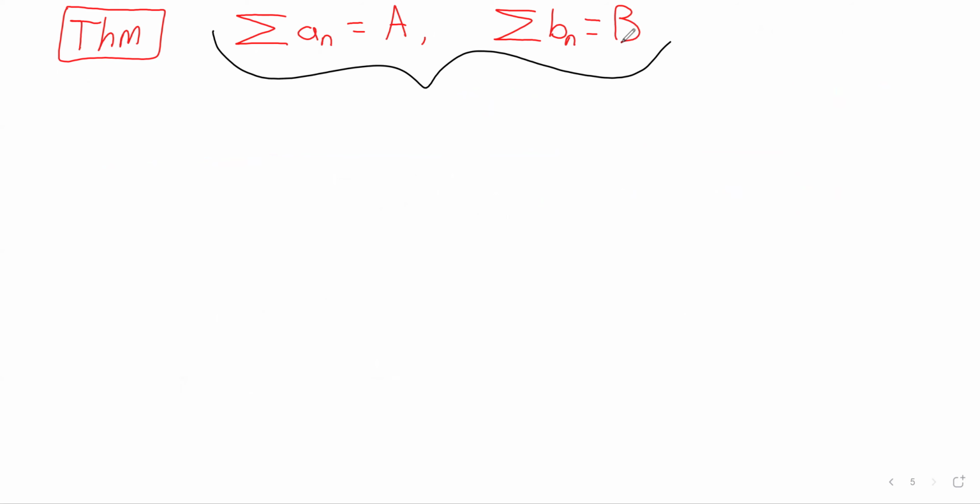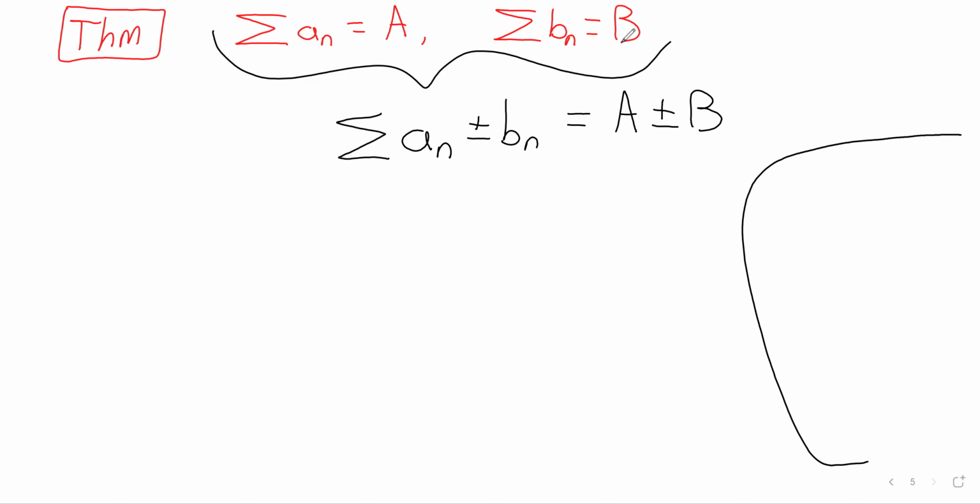If these two series converge, and they converge specifically to numbers that we know, to A and to B, then this series created by addition or subtraction also converges, to A plus or minus B. And I mean, this is a fact about finite addition, right?